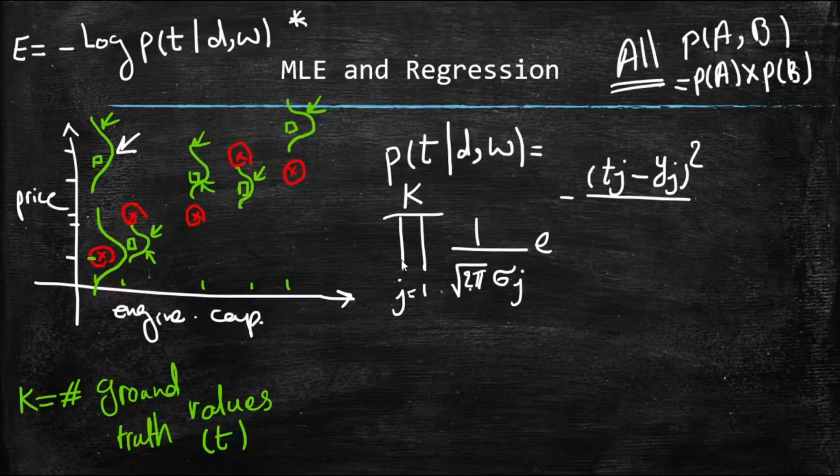So if tj and yj get absolutely close to each other, basically I have shifted the center of my Gaussian, which is yj, my prediction, so much that it has gotten so close to my ground truth tj. What does it really mean? It means I'm predicting a value very, very close to my ground truth. That is fantastic. It means that I'm predicting the actual thing that I'm looking for.